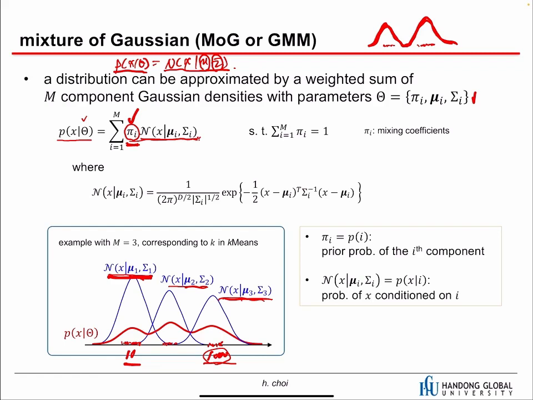Depending on how many samples are here and here and here, we assign this pi, and by weighted sum we can have this nice distribution.